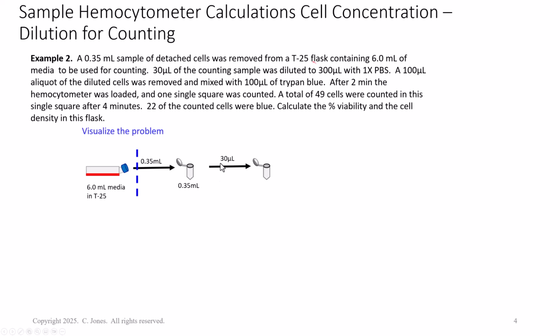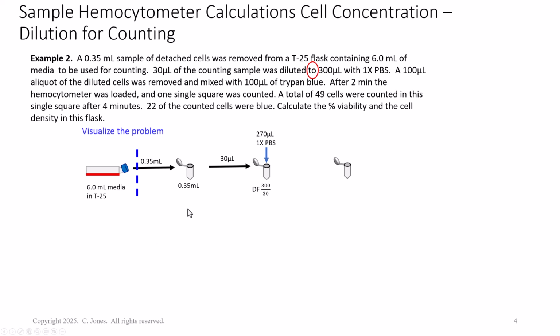So here's our 30 microliters, right? And it says we've diluted to 300, so that's our final volume. So that means that we had to add 270 microliters of PBS, right? 300 minus 30 is 270 microliters of PBS. So our dilution factor is going to be the final volume, 300 microliters, divided by the initial volume, 30 microliters. So this is our PBS diluted sample.